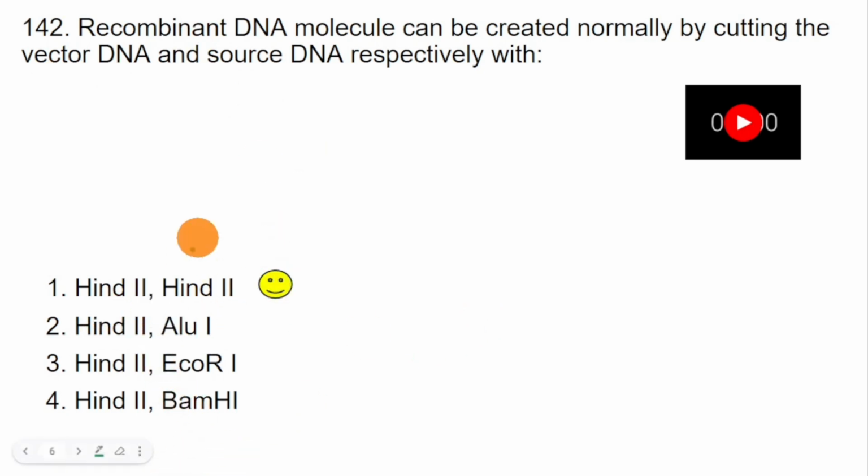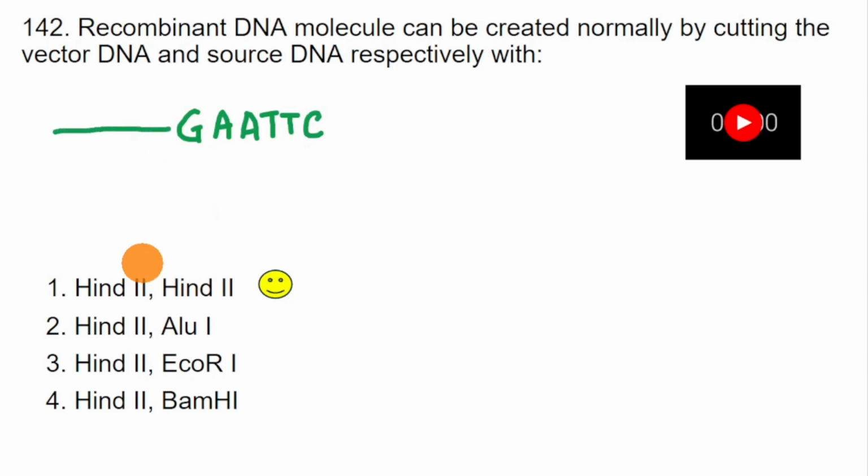So let's understand this question using the example which is given in NCERT textbook. So the recognition sequence GAATTC. This is the recognition sequence of restriction endonuclease EcoRI.